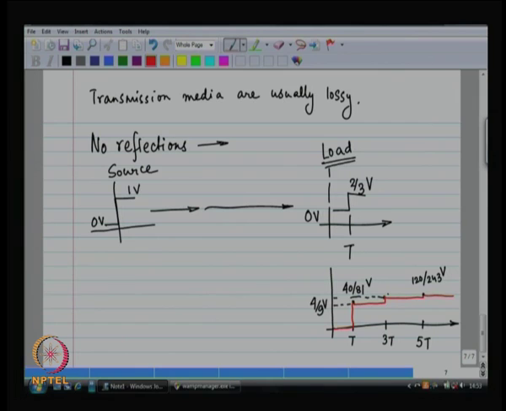This phenomenon is called dispersion, and this was because the load resistance was not matched to the characteristic impedance of the transmission medium.